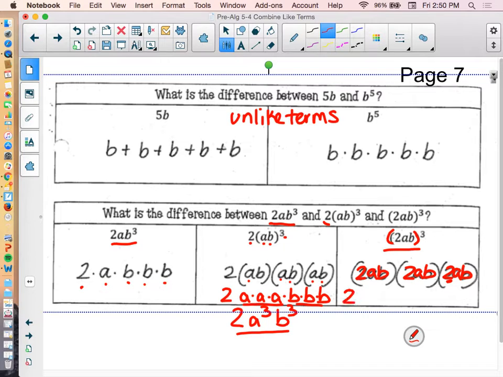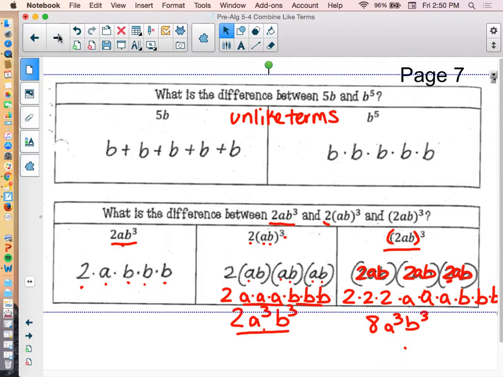And so then, again, we would put the 2's together. We could put the a's together and the b's together. And if we were to simplify this, we would write 2 times 2 times 2, which is 8, a cubed, b cubed. So notice, these are three very different expressions.